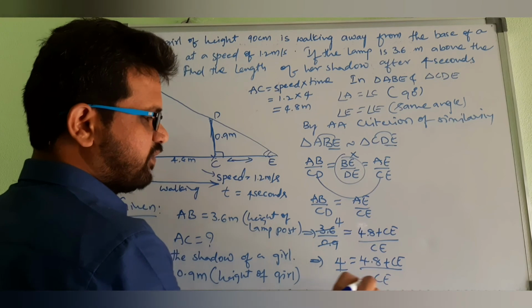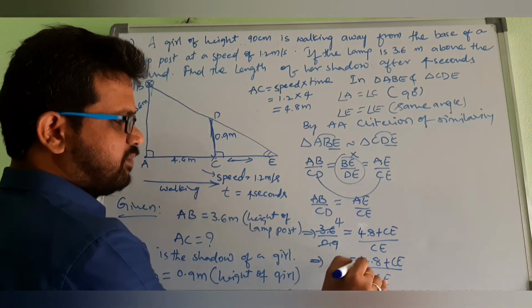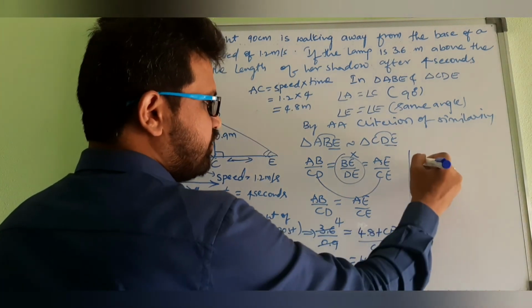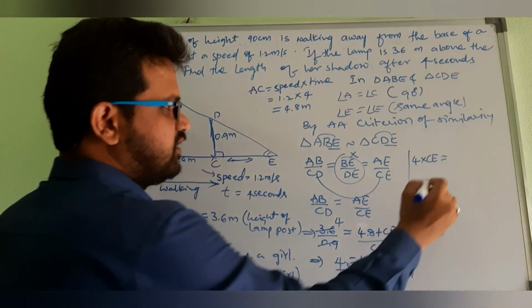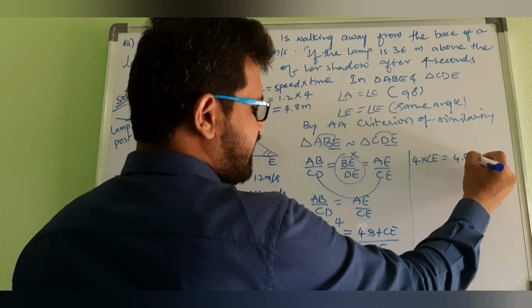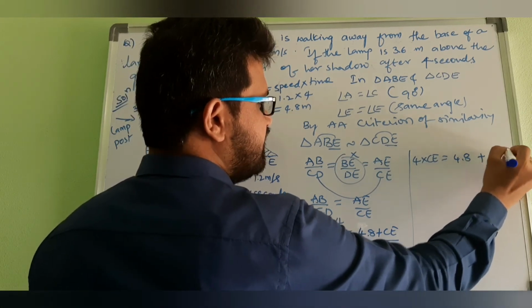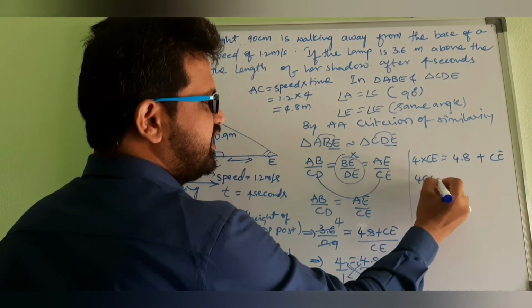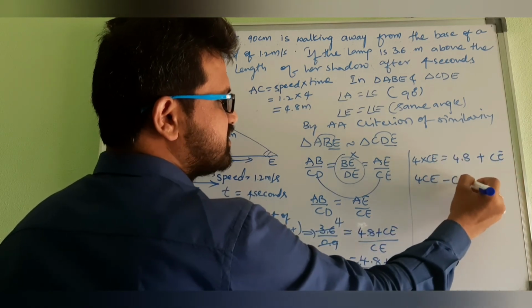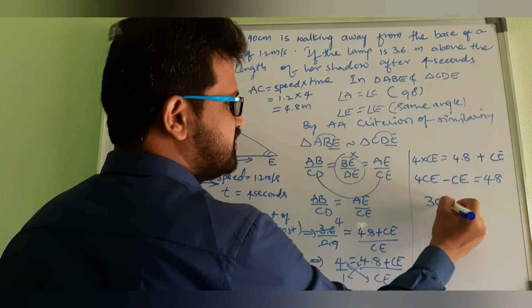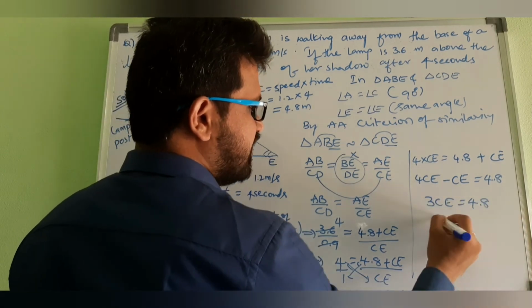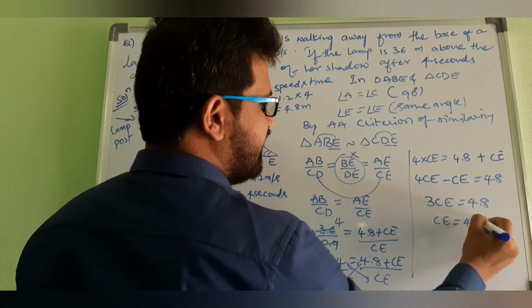This 4 means 4 by 1. Cross multiply. We get 4 into CE is equal to 4.8 plus CE. So 4CE minus CE is equal to 4.8. So 3CE is equal to 4.8, and CE is equal to 4.8 by 3.